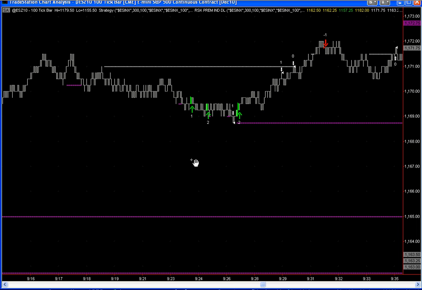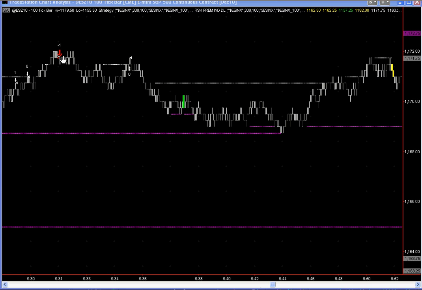Nice move. 1, 2, 3, 4, 5, 6 ticks right up to the retracement line. Nice profit. Here we have a short signal, retracement lines below the market. Should work. It does.